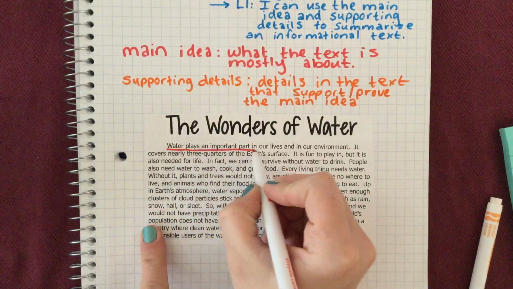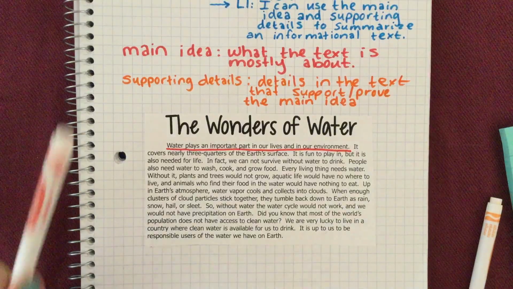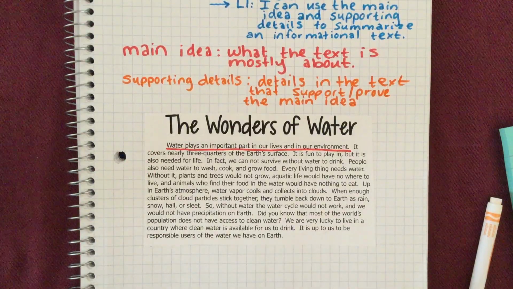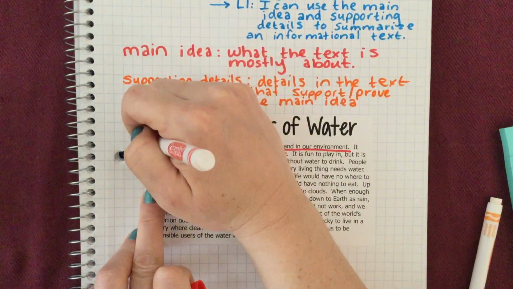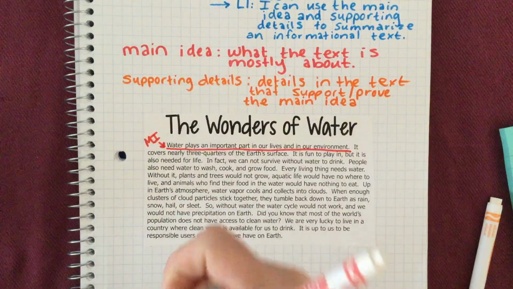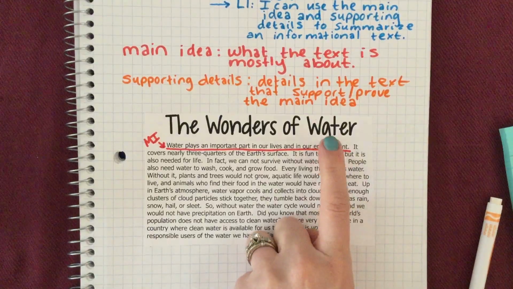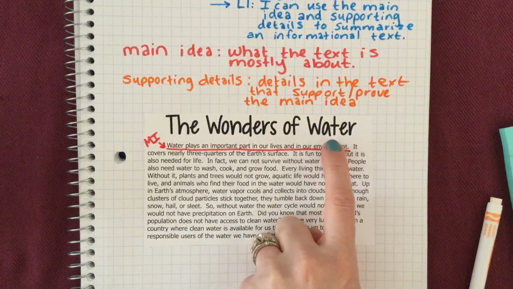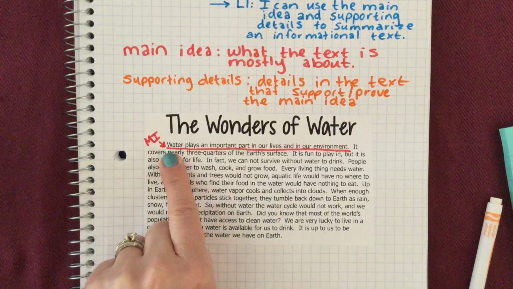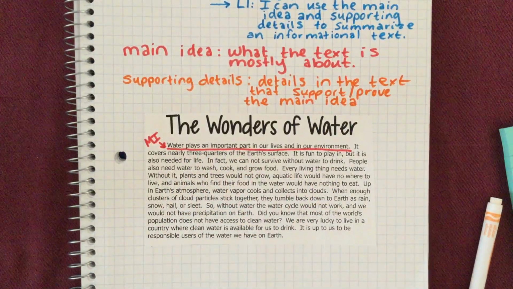Water plays an important part in our lives and in our environment. Now, if that really is the main idea, I'm going to label this MI for main idea, and I'm going to put my red marker away because this text really only has one main idea, because the topic is about water. And the main idea is water plays an important part in our lives and in our environment.